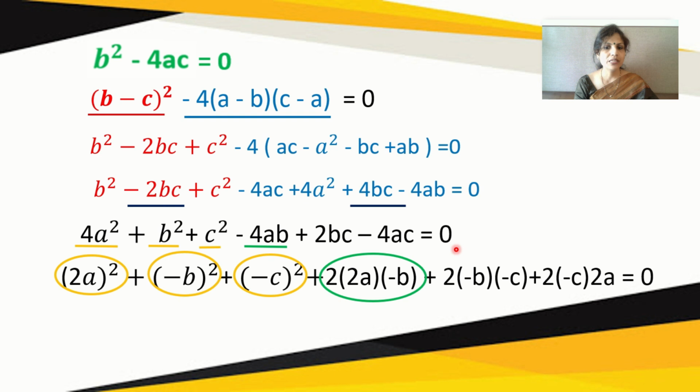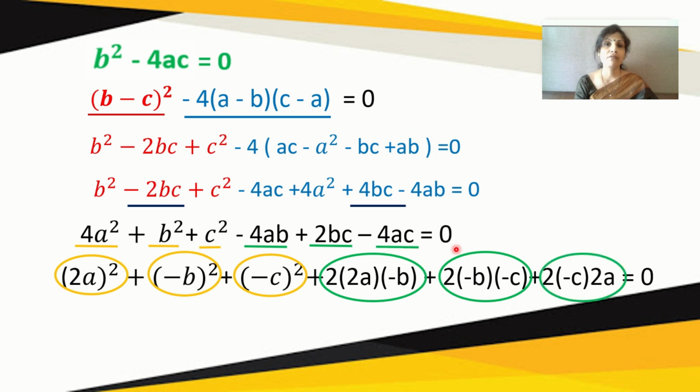Plus 2bc I have written like this, plus 2 in the bracket minus b, in the bracket minus c, but when you multiply all the three terms it will give you plus 2bc, and the last term I have written plus 2 in the bracket minus c into 2a. When you multiply you get minus 4ac.